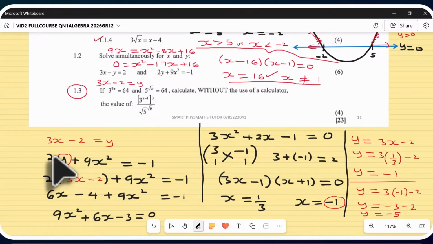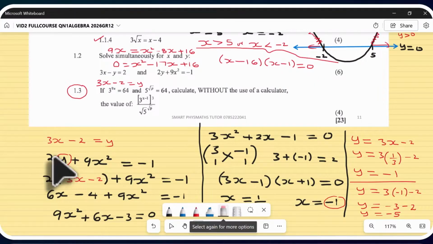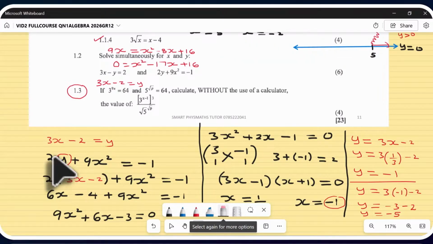Remove this one here. I'm gonna say if this is 3 power 9x equals 64, 3 power 9x equals 64. That's what they gave me, right?